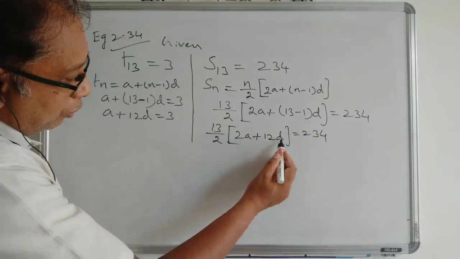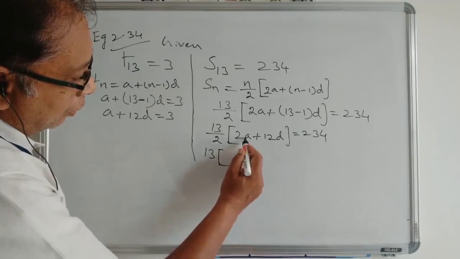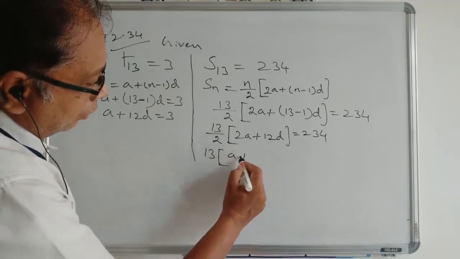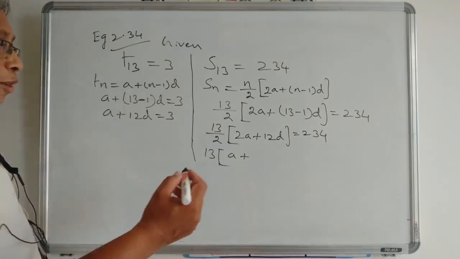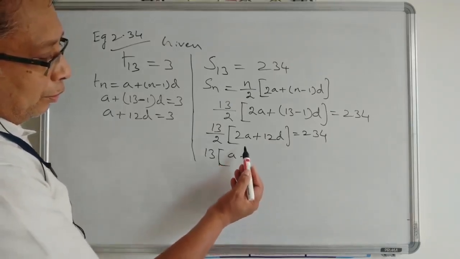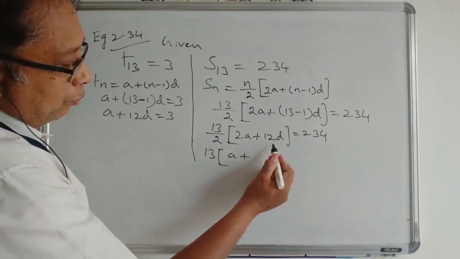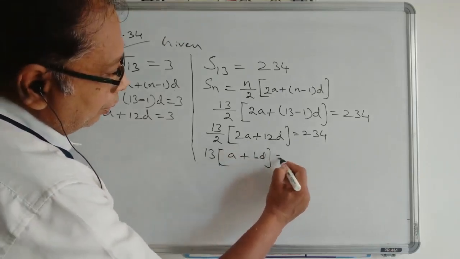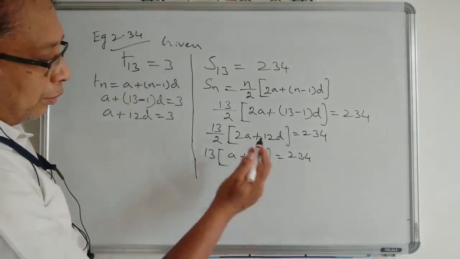Next divide by 2: 13 into a plus 6d. Next you take the 13 to the right hand side.